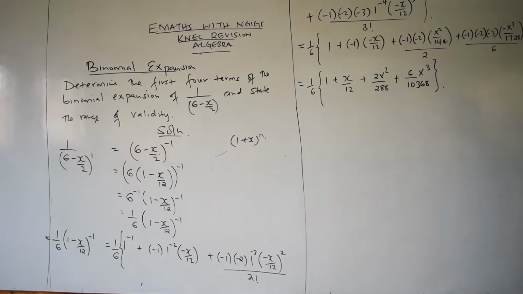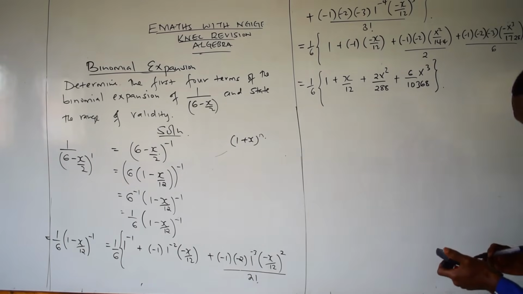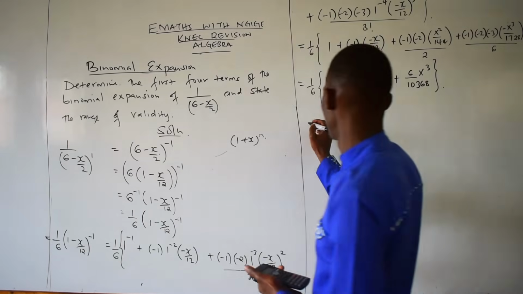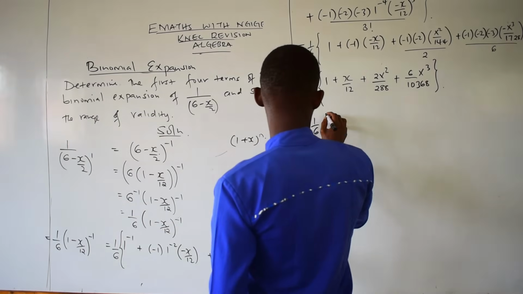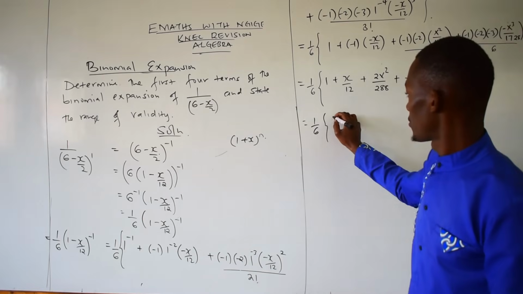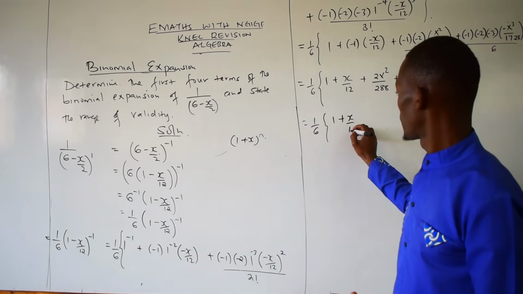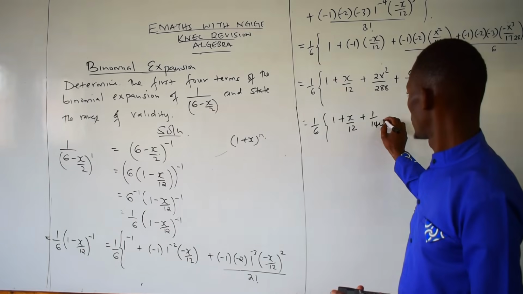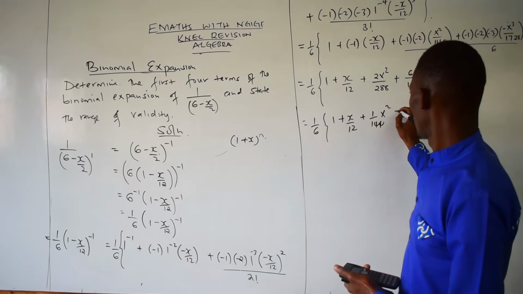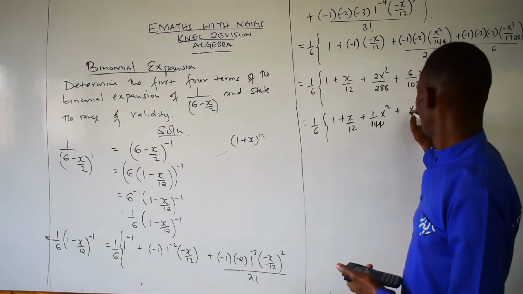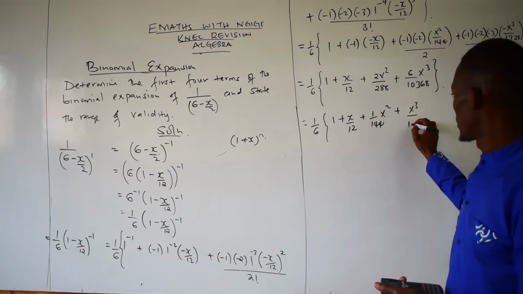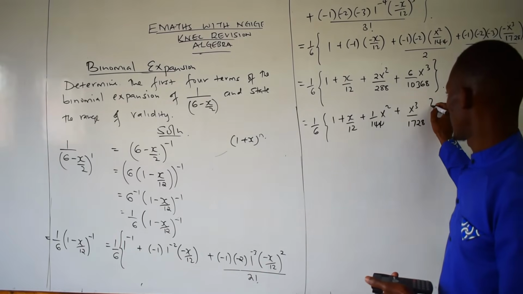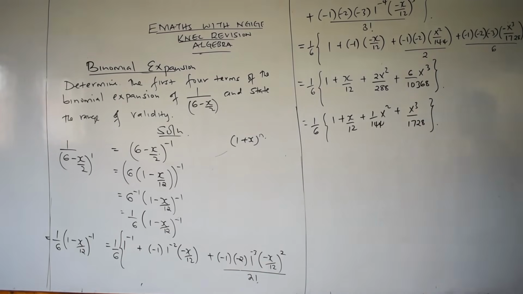So that one simplified further. So simplified further, we shall have 1 over 6, then you have 1 plus x over 12. So this one will be plus 1 over 144x squared, then plus x cubed over 1728. And that is the expansion for that expression.